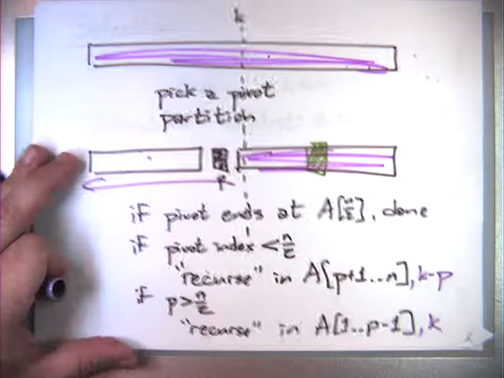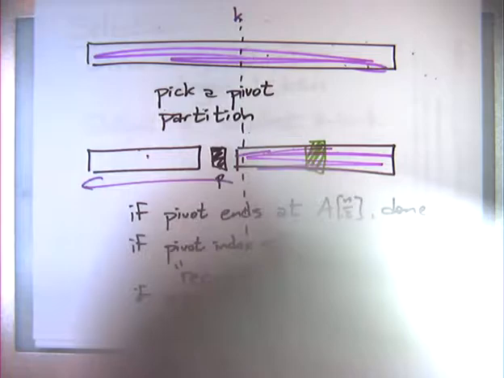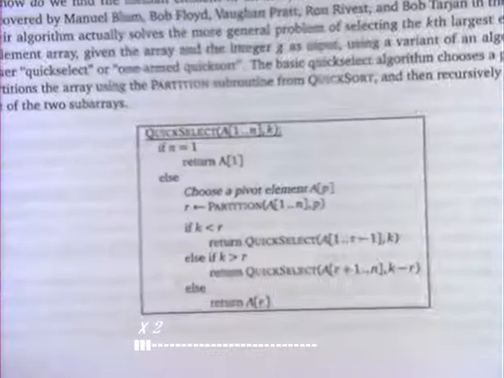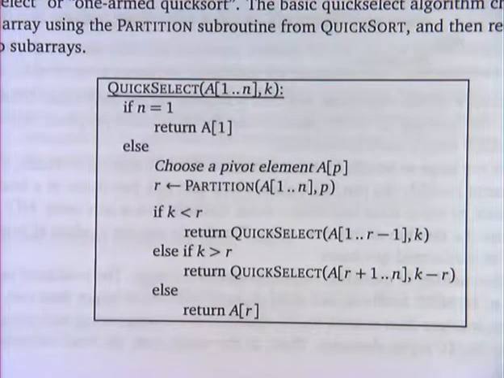So I need to reduce the index I'm looking for. So let me just show you the pseudocode. Of course, I used R here instead of P for the output rank of the partition element. But here is Quickselect, or one-arm Quicksort, as it's almost universally known.